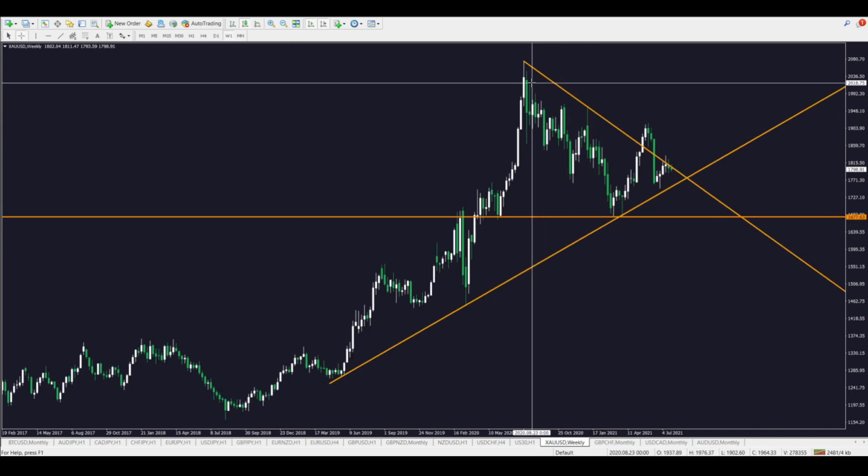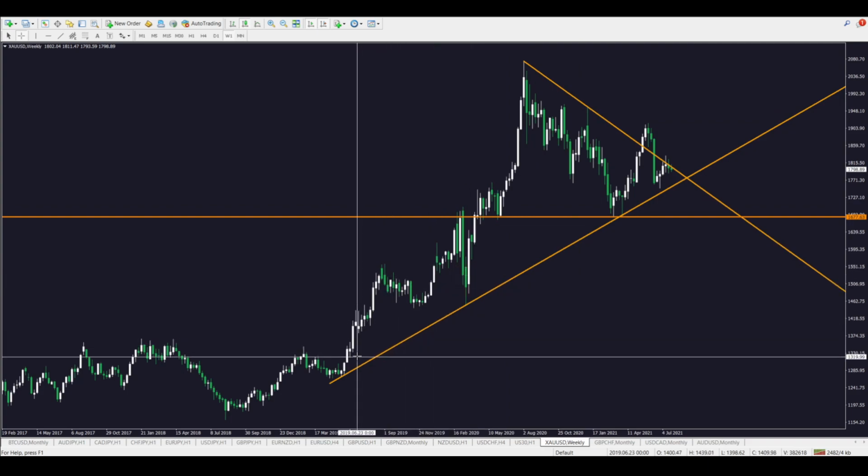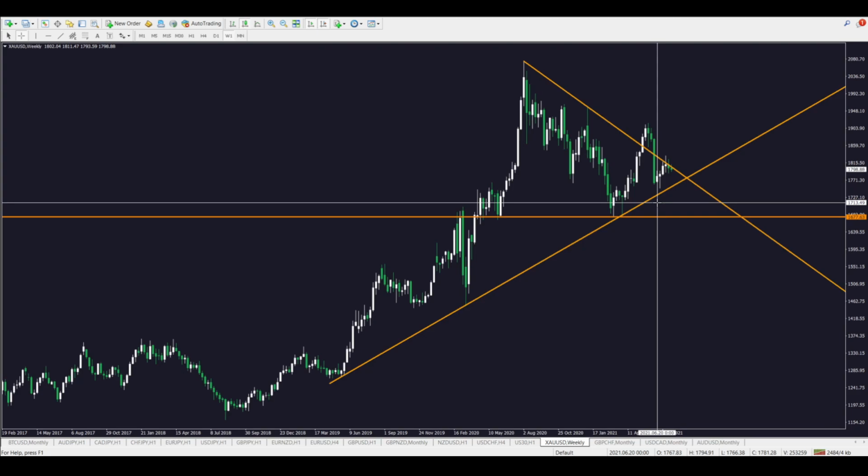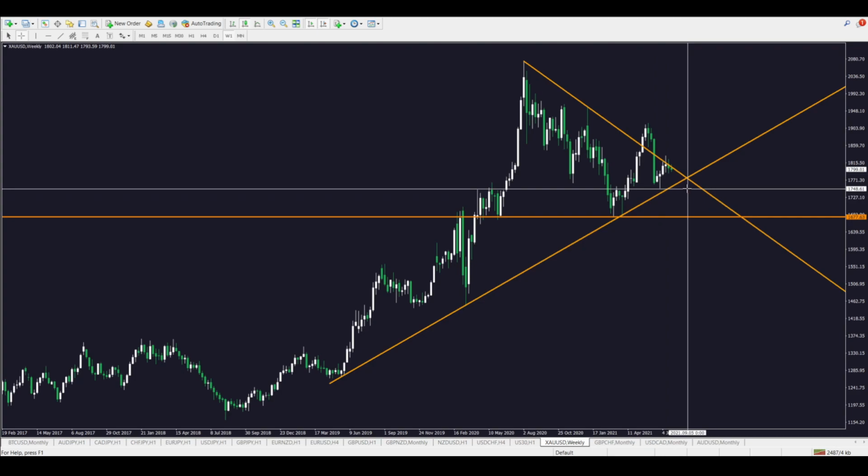So we have a bullish trend line and we have a bearish trend line, and both trend lines are correct. Usually for triangles, one of the trend lines wouldn't be a valid trend line to me, that is. But in this case, both trend lines are valid.